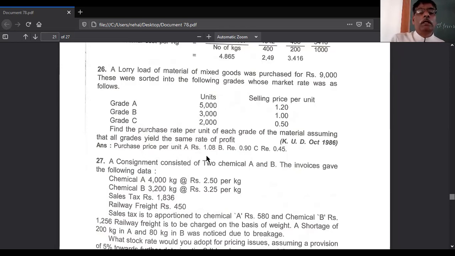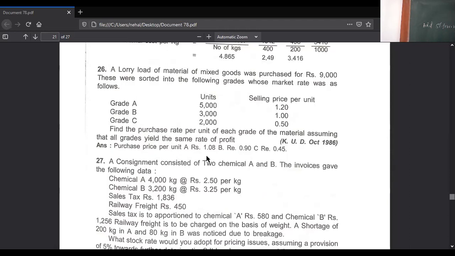Then what is second? 1 is the selling price. 10% of 1 is 0.1. You deduct 0.1 from the 1. 0.9 is the cost of second.